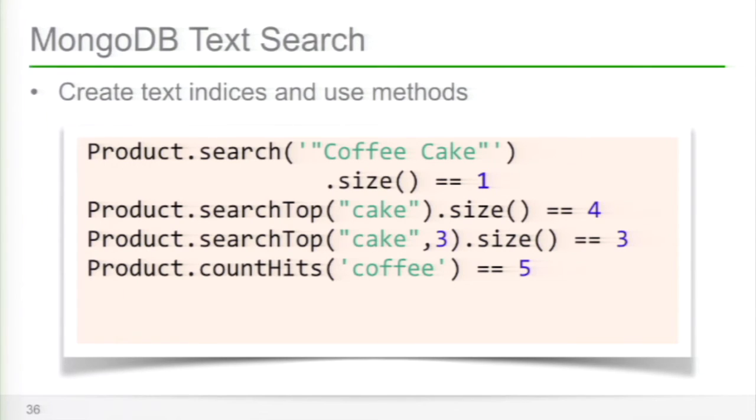You can search for the top results as they're categorized. You can count the number of hits for a particular search. Very similar to the way the searchable plugin works for Grails. Quite similar methods, but instead using native MongoDB text search indices.